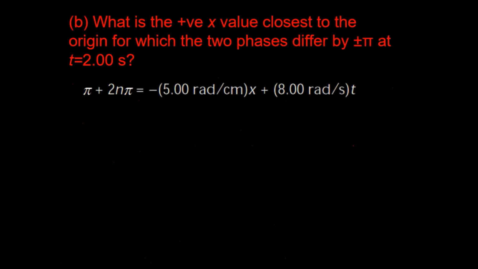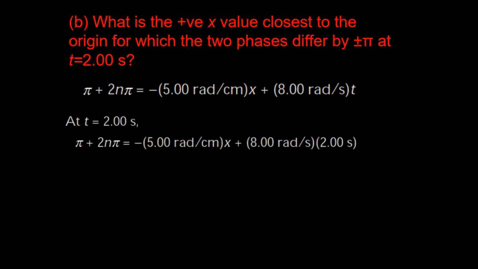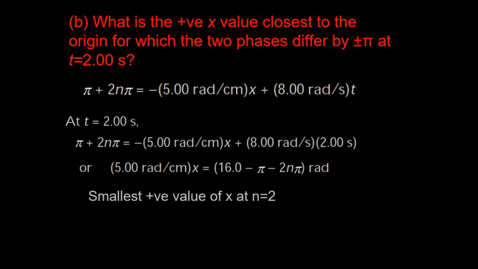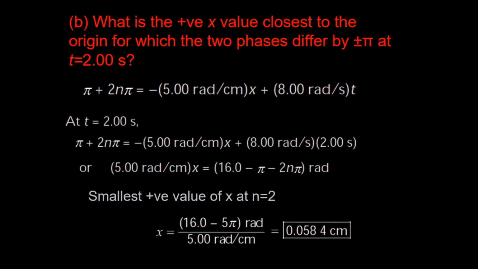Now, substituting in for 2 seconds, the smallest possible positive value of x at n equals 2 will be x is equal to 16 minus 5 pi radians over 5, which will give us 0.0584 centimeters.